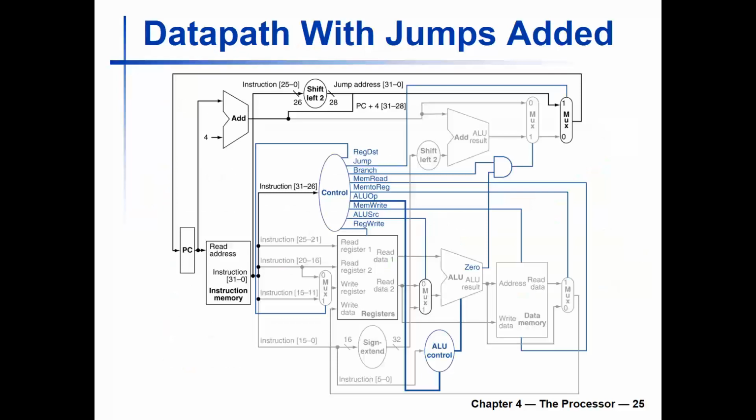So for that, you can see here is an extra mux for the jump instruction. Here you can see this 26-bit data coming from the instruction, and then I'm doing a shift to the left, so that's where I insert the two zeros at the rightmost positions.